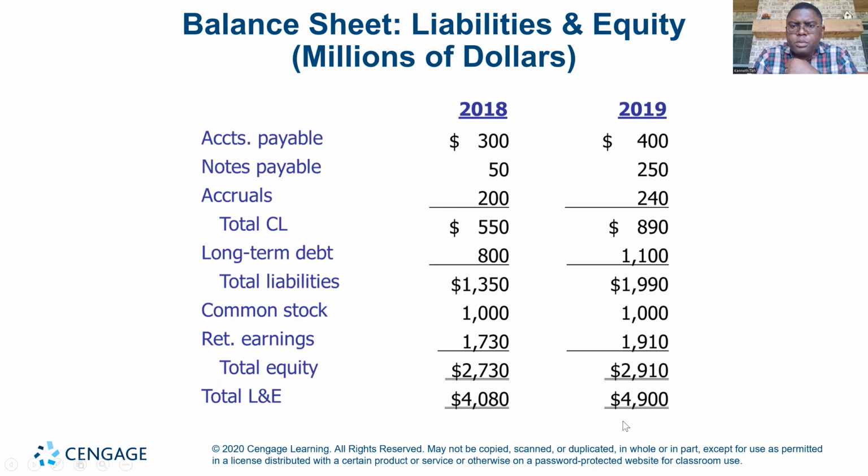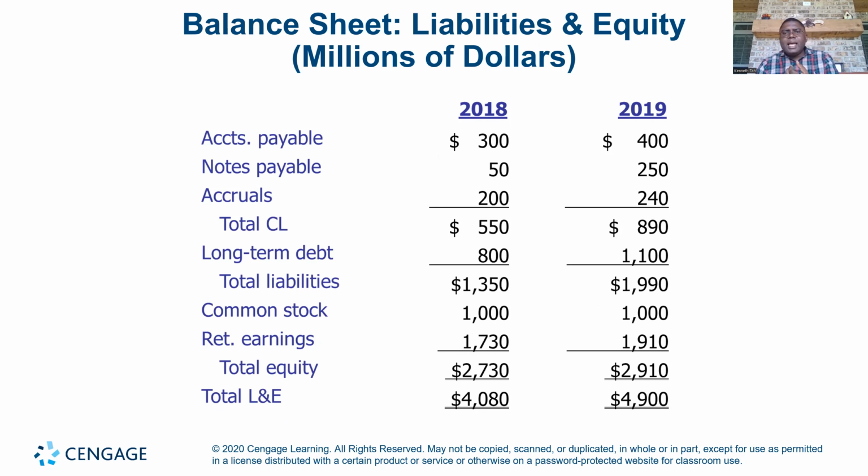Then we see that the total liability and equity for 2019 is 4,900 million. So the assets is equivalent to the liability plus the equity.